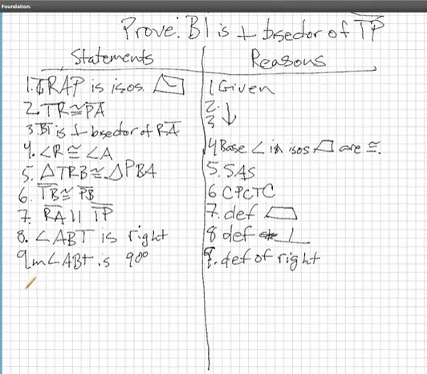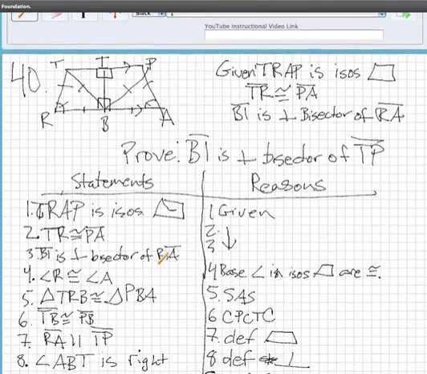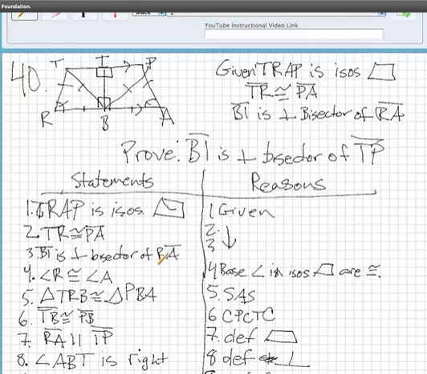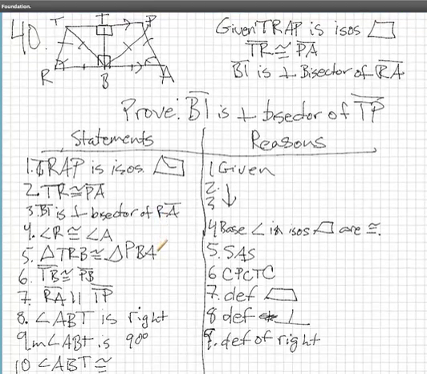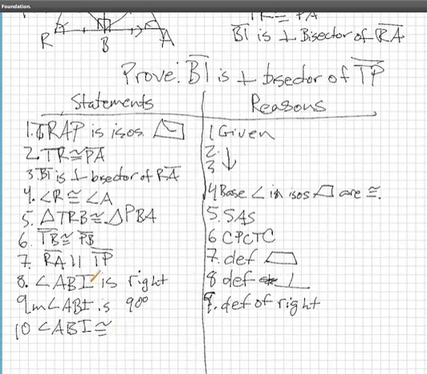Now we know that angle ABT is congruent to, I'm sorry, this is I, angle ABI. So angle ABI is congruent to BIT.